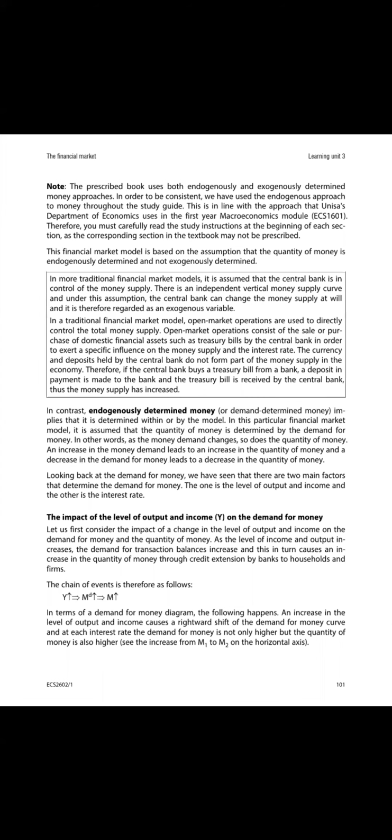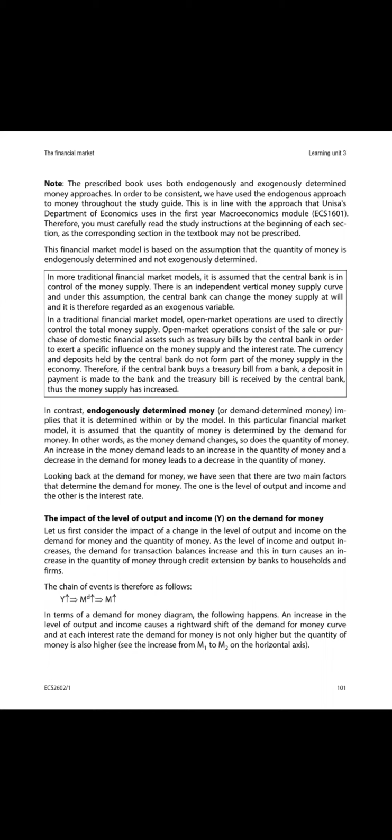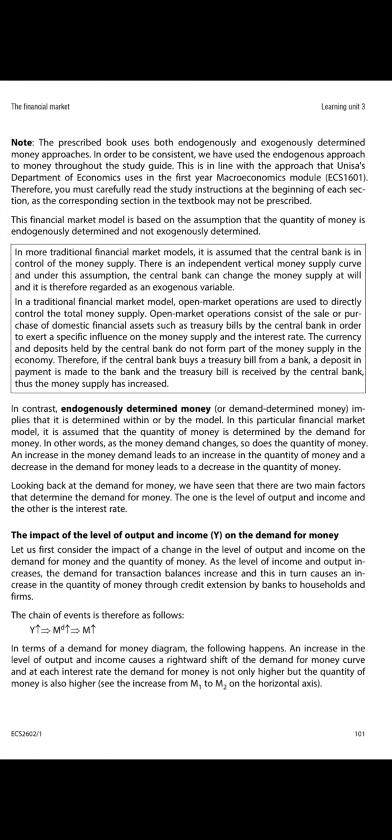So let's start it off from the top there. The prescribed book uses both endogenously and exogenously determined money approaches, right? In order to be consistent, we have used the endogenous approach, which is the one that we follow throughout the study guide.